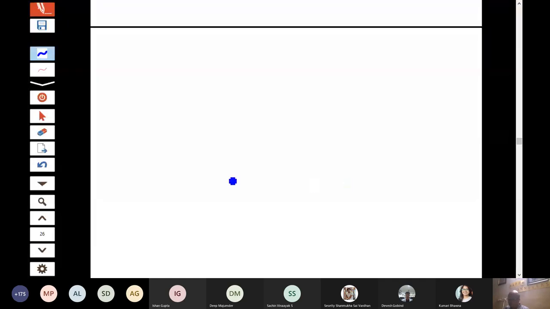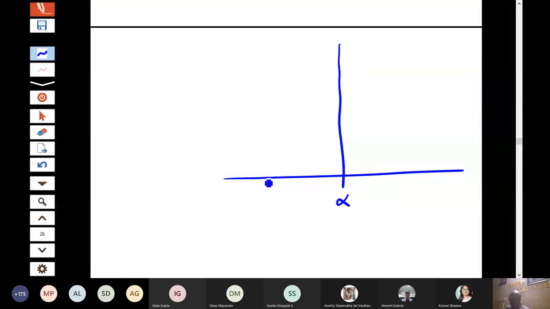See, if you plot this, at alpha minus beta it is 0, and if I take x equal to alpha, then it is 1 by beta. And at alpha plus beta also it is 0.